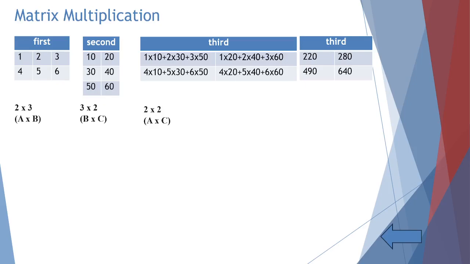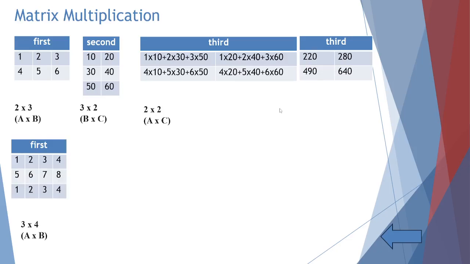Similarly, the next row of the third matrix will use 4, 5, 6 in both places, but in the first part 10, 30, 50, then 20, 40, 60. The answer would be this.